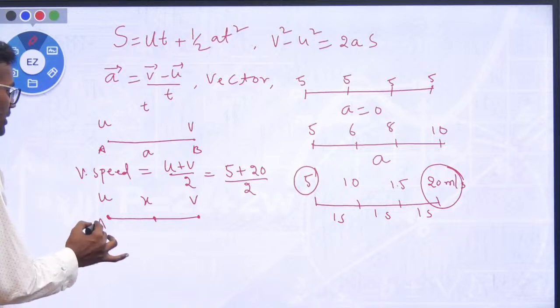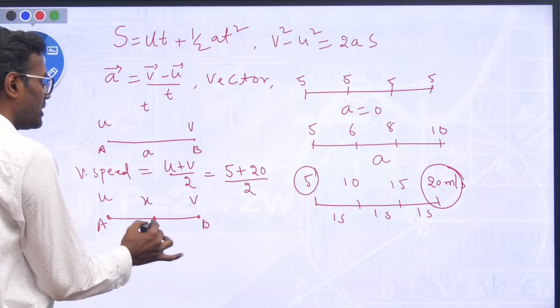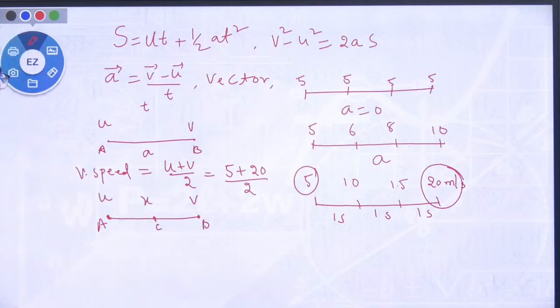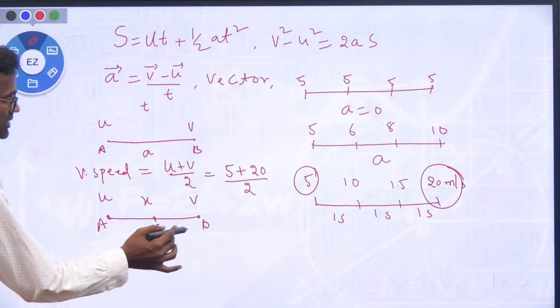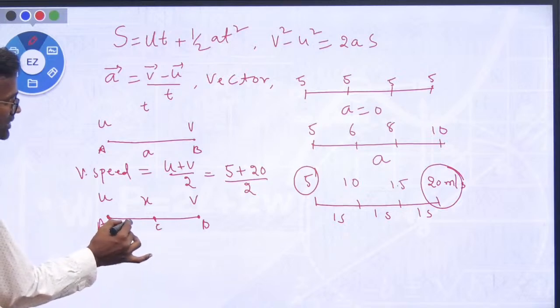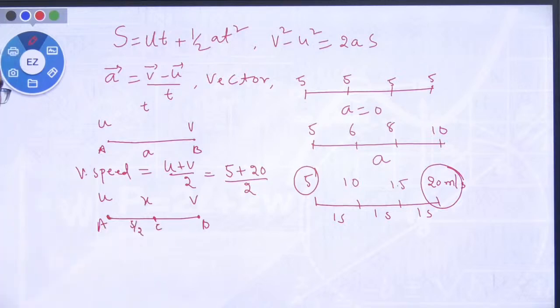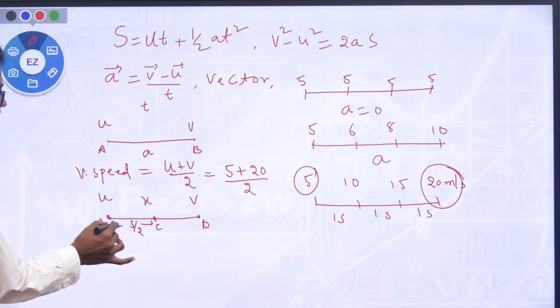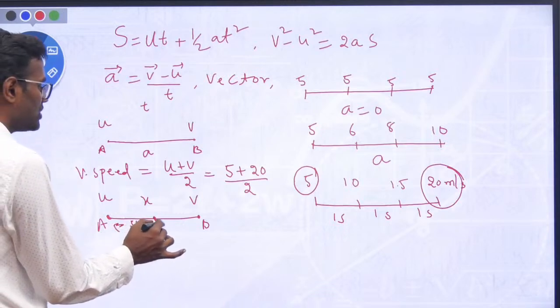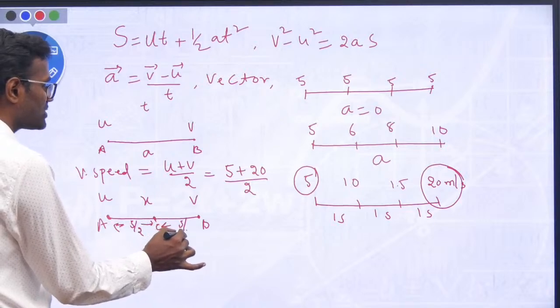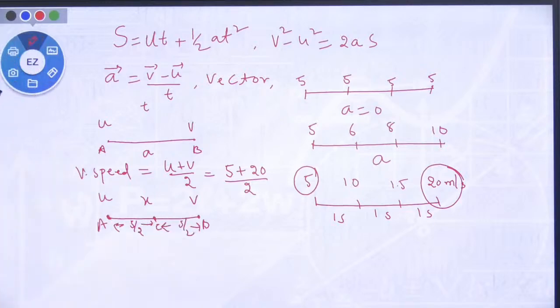This is the starting point A, the ending point is B, and some intermediate point is C. The total distance is s, so from A to C is half of the distance, s by 2, and from C to B is another half, s by 2. Now calculate the x value. Use the third equation: v square minus u square is equal to 2as, for the AC journey.